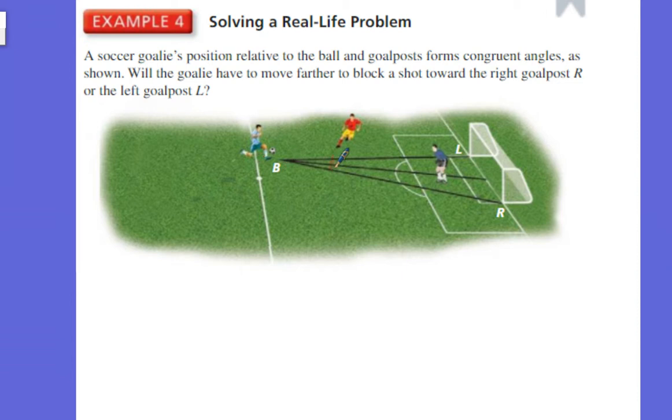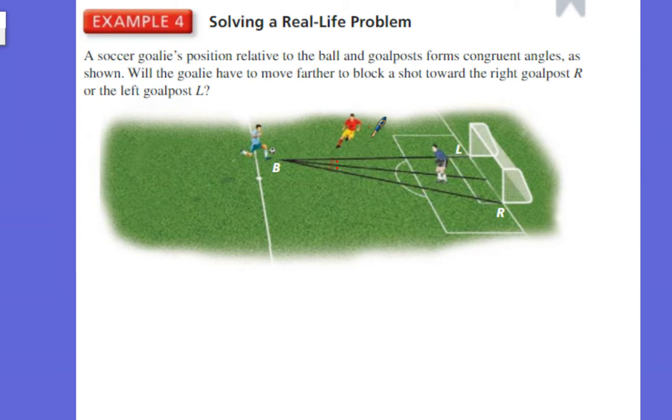These two angles, this little angle right in here and this little angle right in here, are congruent to one another. All right, so those two angles that I just highlighted are congruent to one another. Is it going to be quicker to try to save a shot to the right or to the left? Or I guess really the question is, does it matter which way that he goes?